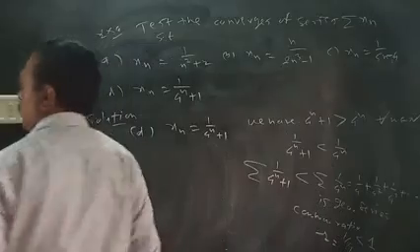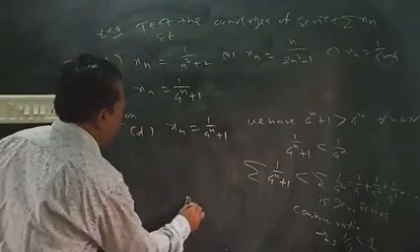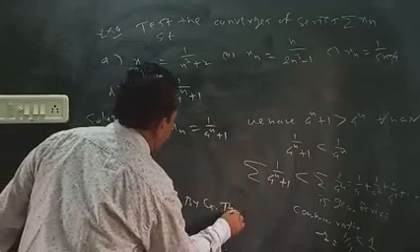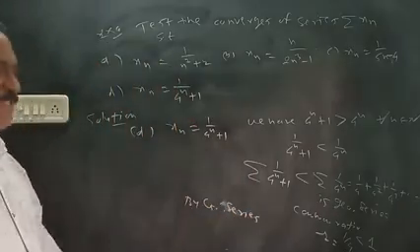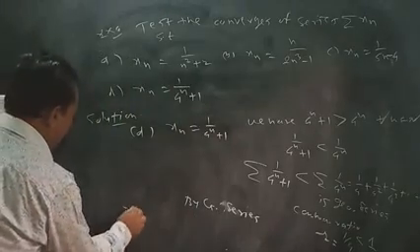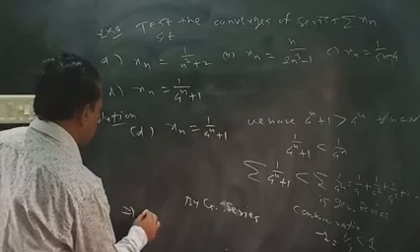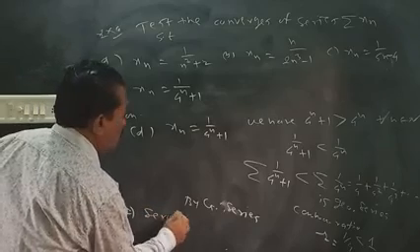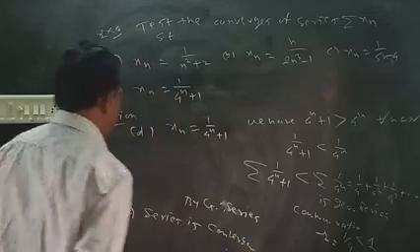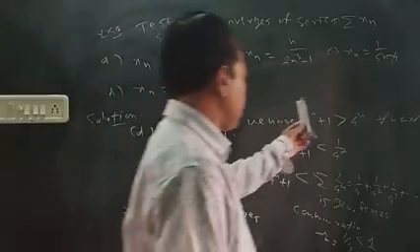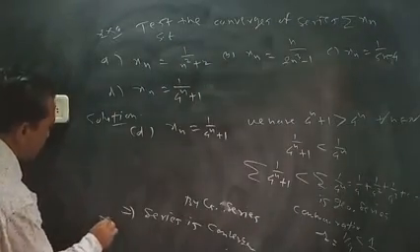By the geometrical series test: ratio less than 1 converges, greater than 1 diverges. So therefore this right side series converges. Therefore the given series converges.